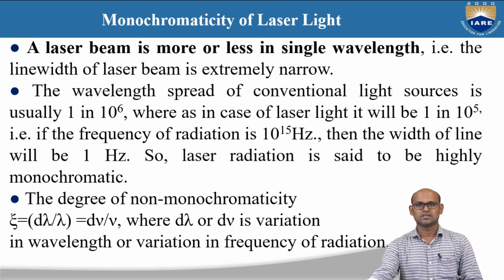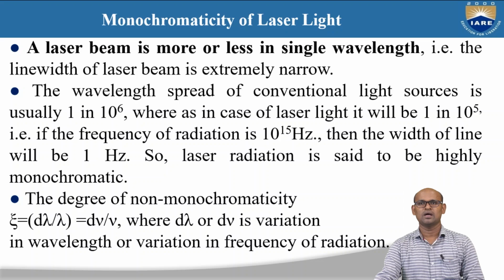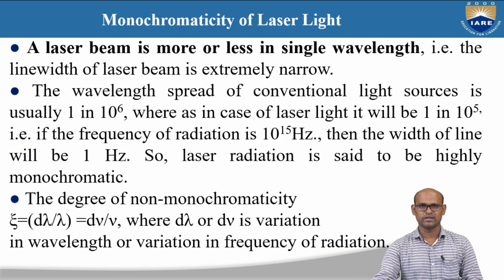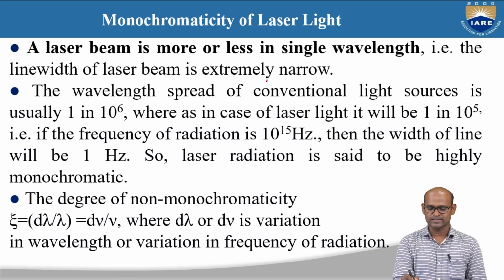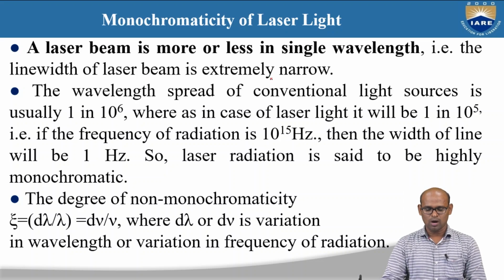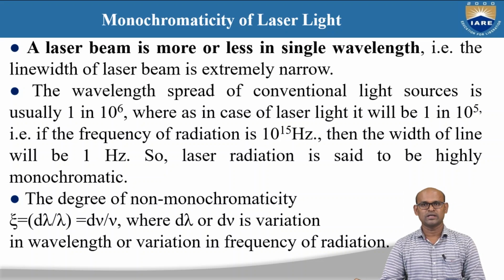Monochromaticity. A laser beam is more or less in a single wavelength. Monochromaticity is nothing but this laser light having a single wavelength or single frequency. The line width of a laser is extremely small. So how do we find the monochromaticity of a laser beam?